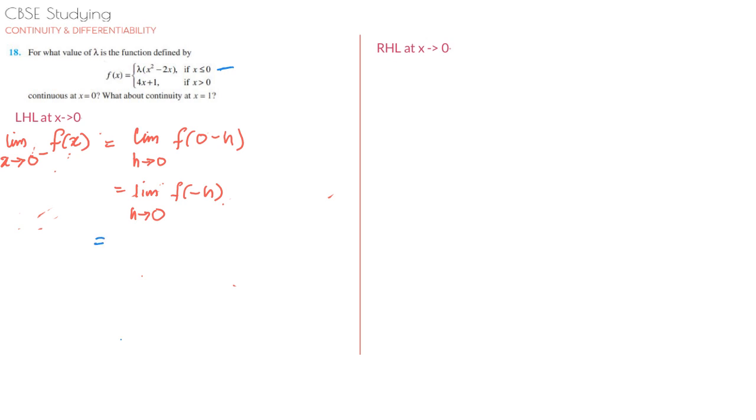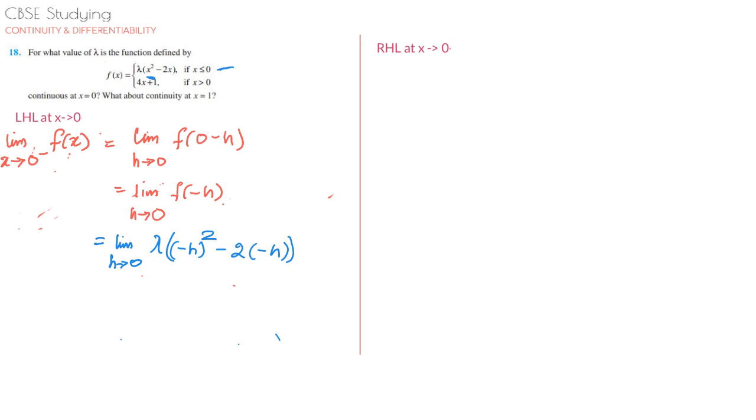So now this becomes limit h tends to 0 lambda into wherever I have x square, I'm going to put minus h square minus 2 into minus h.